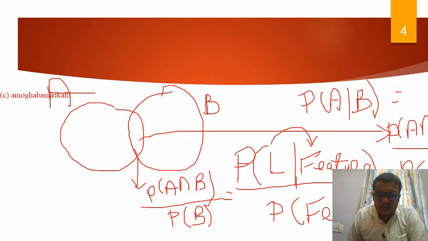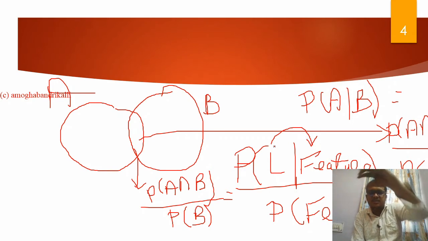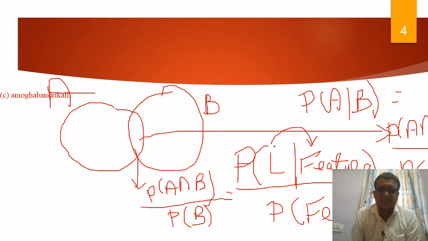In the space of A we have the label, in the space of B we have the feature, divided by the probability of B, that is the features. So it says the probability of occurrence of a label inside the features, divided by the probability of features.